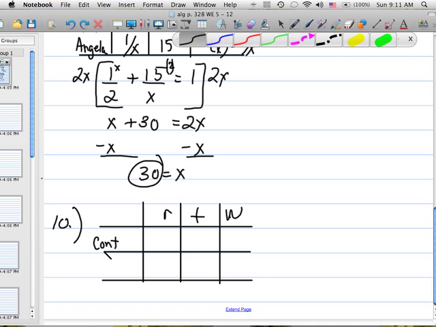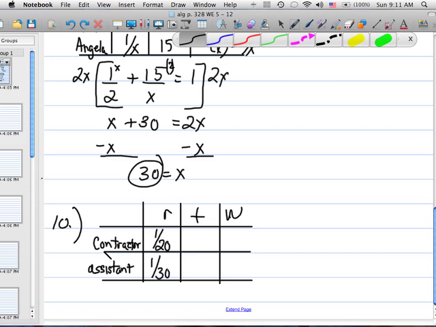How long would it take them to shingle the house working together? So the contractor estimates that he can shingle the house in 20 hours. His work rate is 1/20th of the job done per hour.